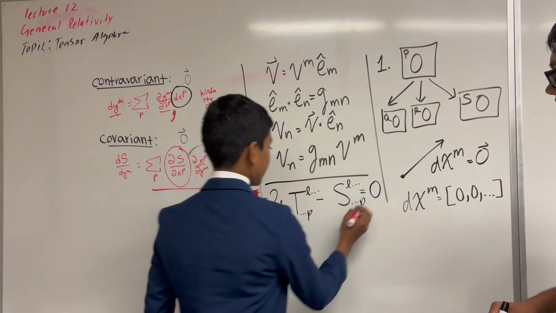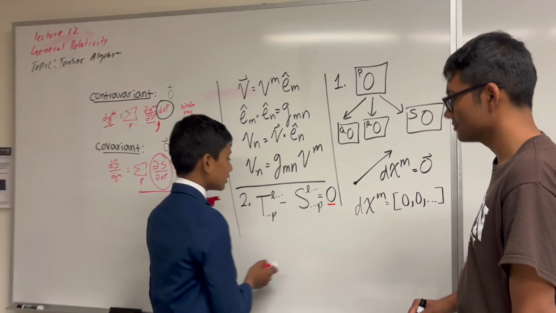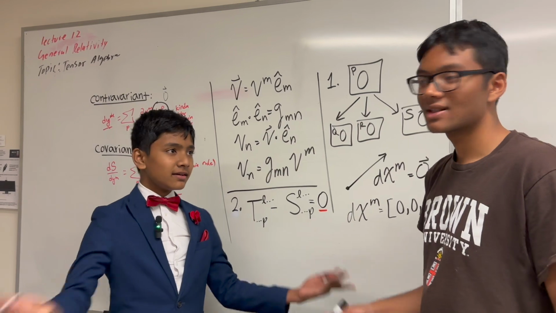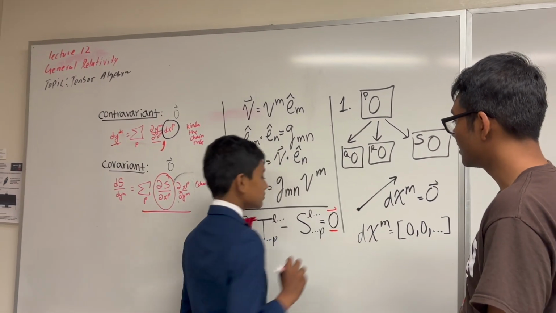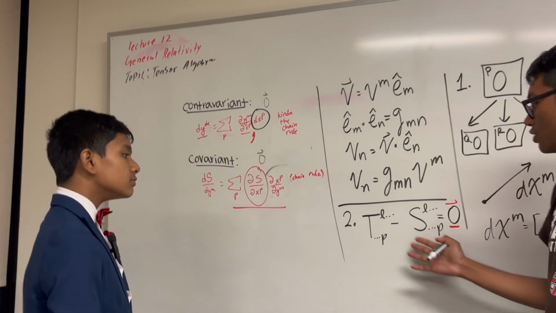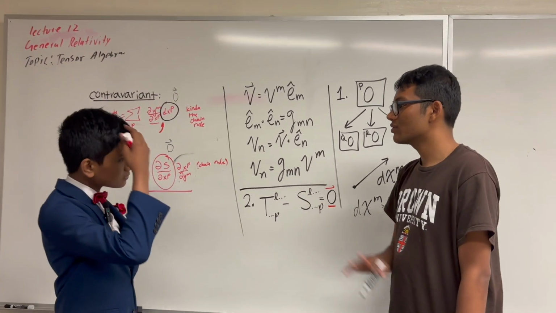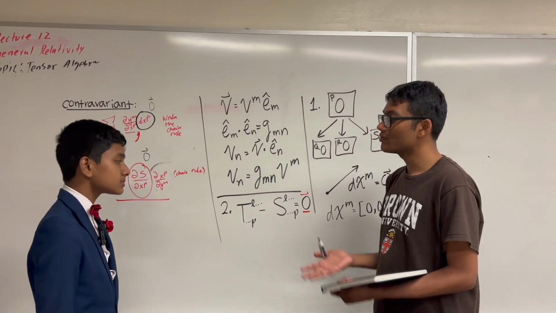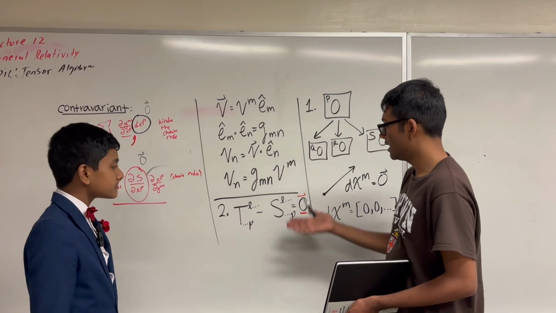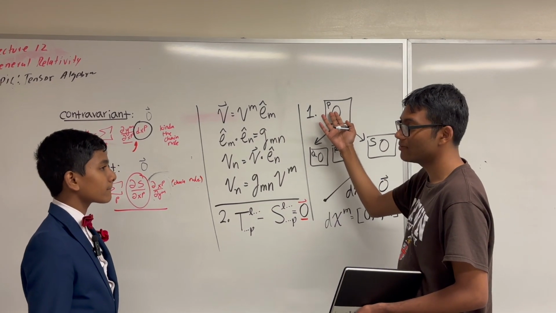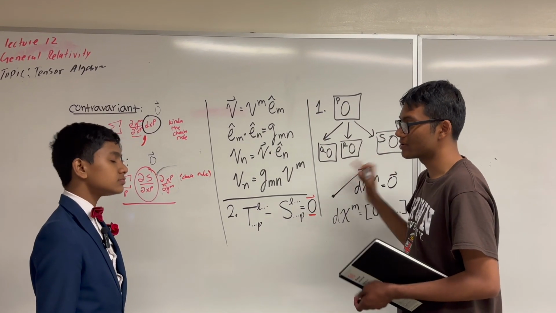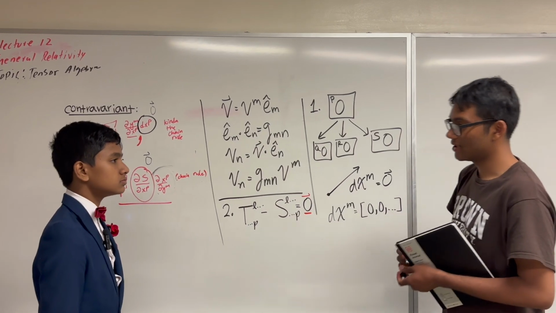If this difference is always 0, then they're always going to be the same. Holy crap. So if two tensors are equal in one frame, they're equal in all frames. That means if you write down a tensor equation in a specific coordinate frame, it will hold in any reference frame. So everyone can agree on that equation.